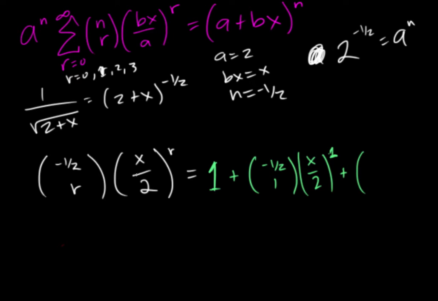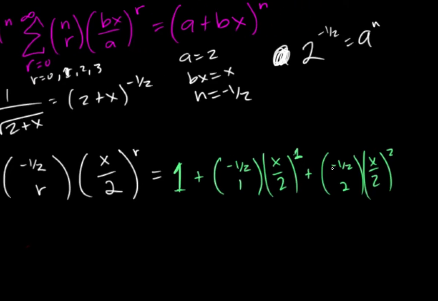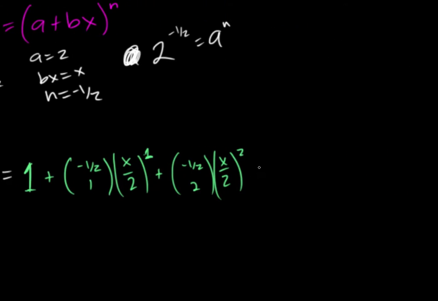And we'll get a combination right here, negative 1/2 choose 2, x over 2 raised to the 2, and then negative 1/2 choose 3, x over 2 to the 3. All right.